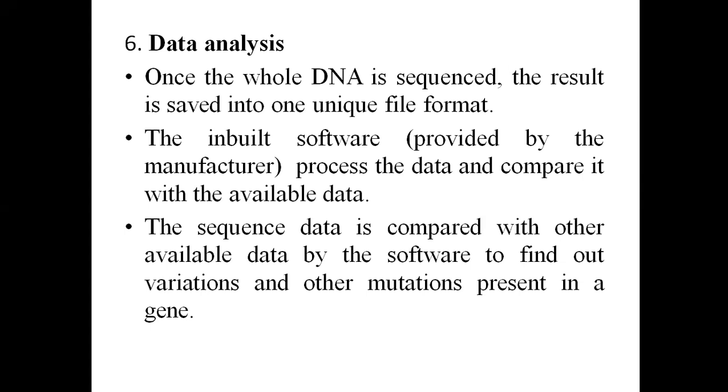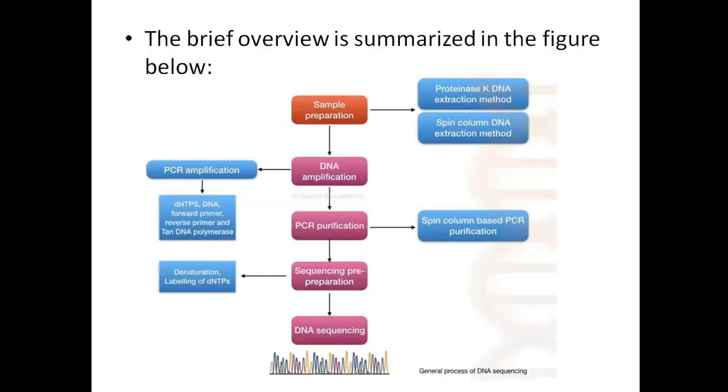By comparing, you can find out if there is any variation in the DNA sequence we are interested in, or in the genome we are looking at, or if there is any other mutation present in a gene, and then we can locate it. So these are a brief overview of DNA sequencing.